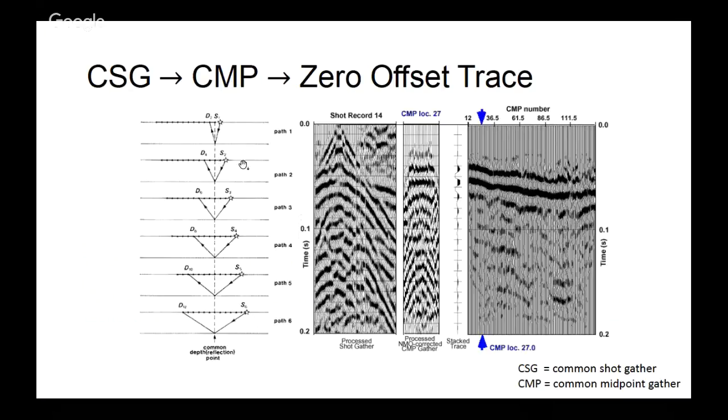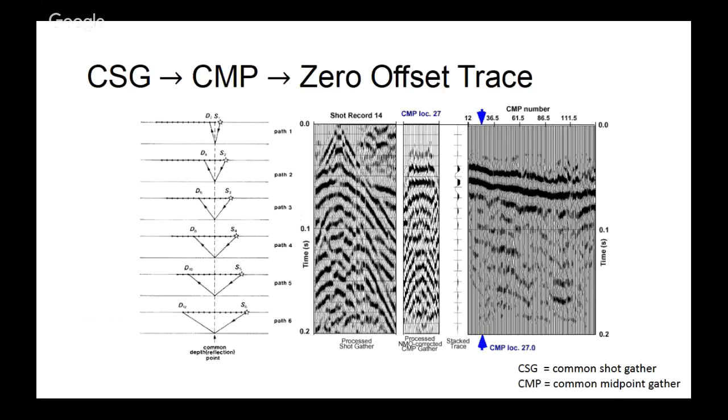We combine all of those measurements together into this common midpoint gather, and we fit the hyperbolas in that record that correspond to each of our reflections. We find our stacking velocity, and that allows us to flatten the hyperbolas into horizontal traces if the reflecting layer is horizontal.